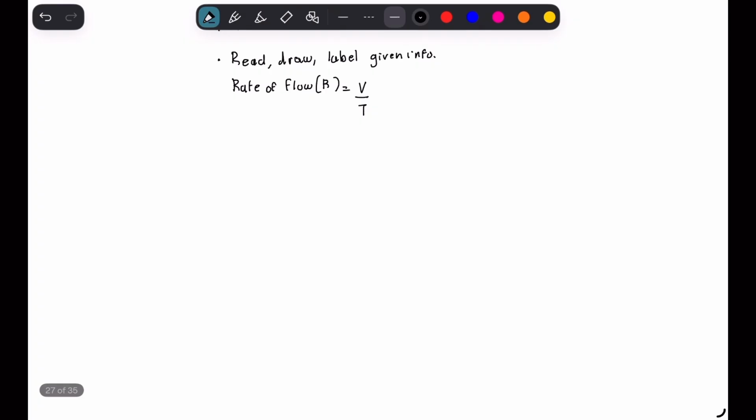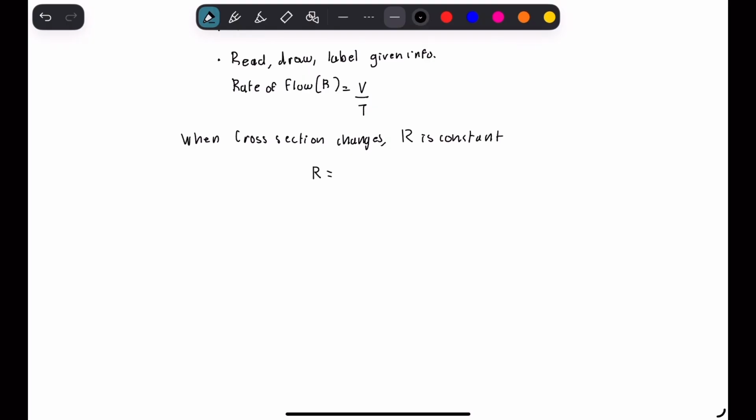Remember that when your cross-section changes, R is constant. Remember that R is equal to V1 A1 is equal to V2 A2. And also use consistent units for your area and velocity.